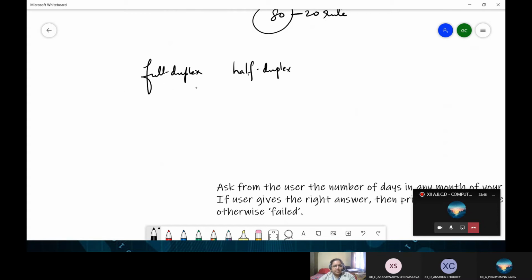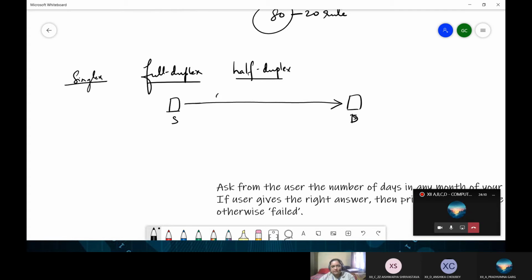Okay, so now what is this full duplex and half duplex? One is a source and one is a destination. Even before that you have something known as simplex. When the source sends a signal or message to the destination only, when it is one directional, one way traffic, this is simplex communication.